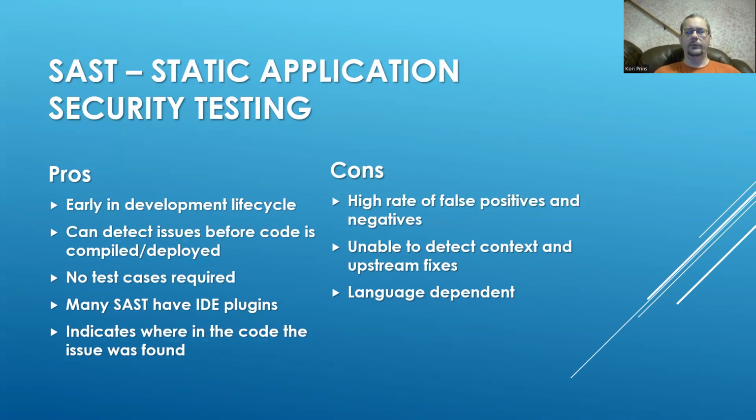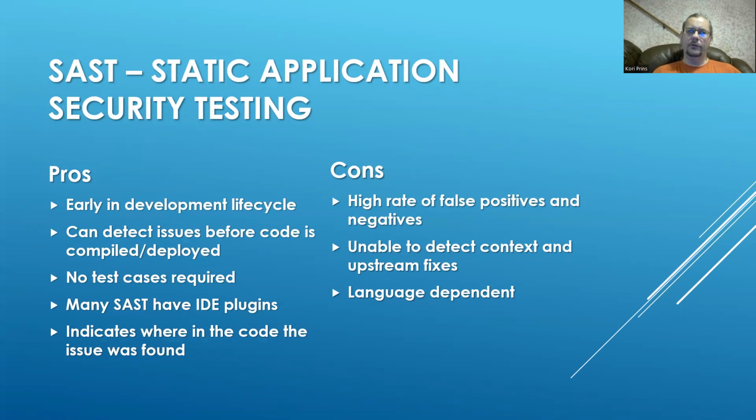Additionally, SAST provides the ability to see where in the code an issue was found, usually by highlighting that piece of code in most cases, which makes it much easier to identify where the issue is and fix it as well.